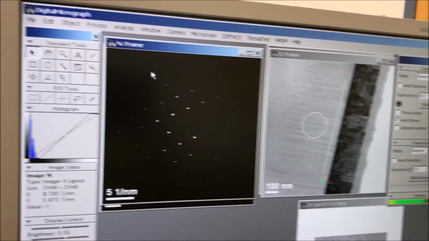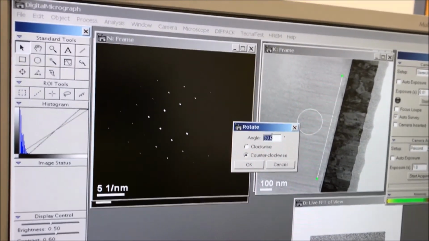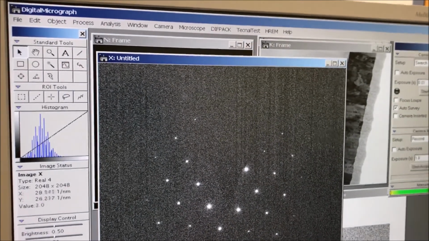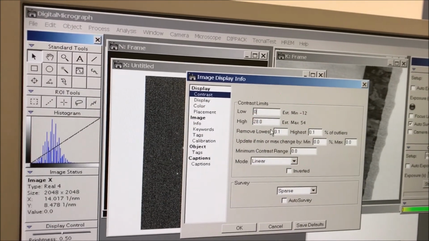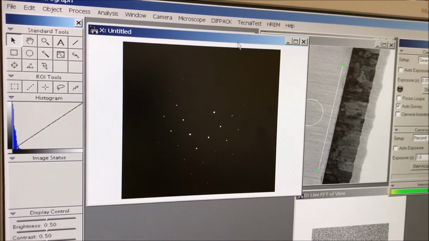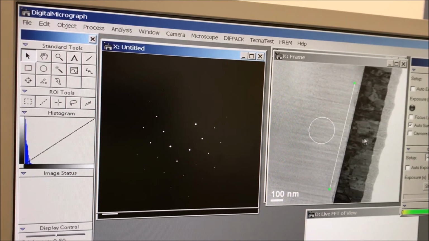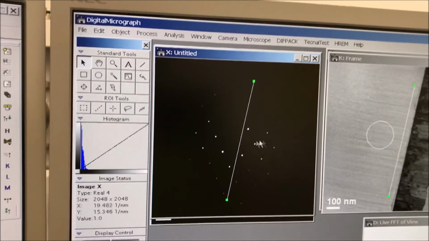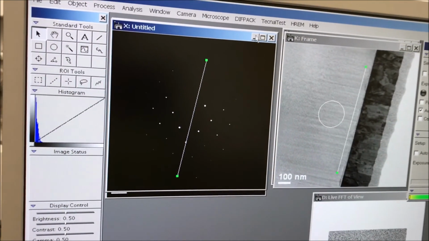So now just putting it all together, I can go back to my actual image. And again, at the higher camera lengths, I've got to go 90 degrees counterclockwise. And again, make a digital adjustment here just to make the patterns look better. Copy that line over from the image. And there we go. So again, our initial guess happened to be correct.